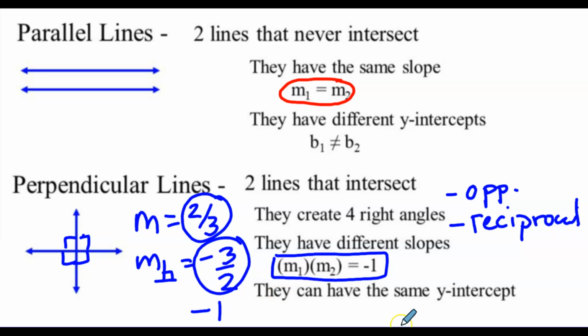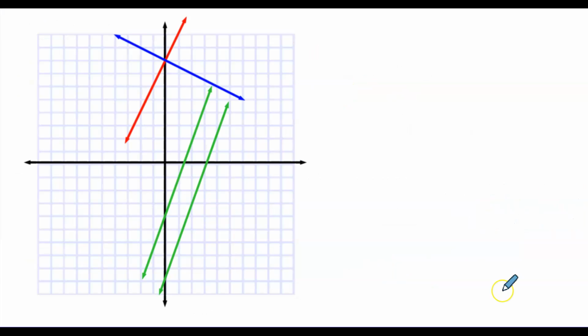Now, unlike parallel lines, perpendicular lines can cross the y-axis at the same point. It's just required that they have opposite reciprocal slopes. So, if you look at these two sets of lines, one is perpendicular, one is parallel, really quickly, this red line has a slope that's equal to up 2 over 1.